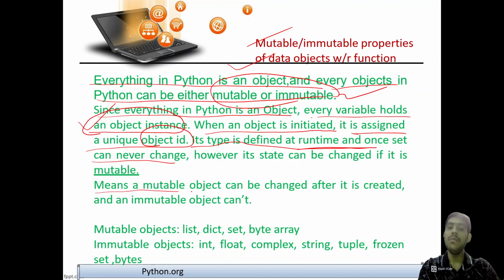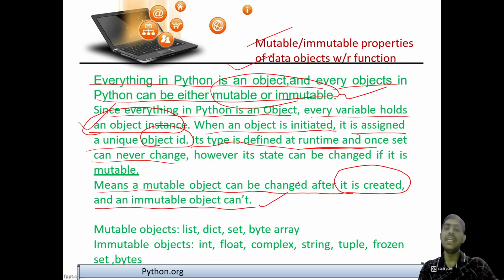A mutable object can be changed after it is created, and an immutable object cannot be. You already know that. After defining, we cannot change an immutable, but we can change a mutable.